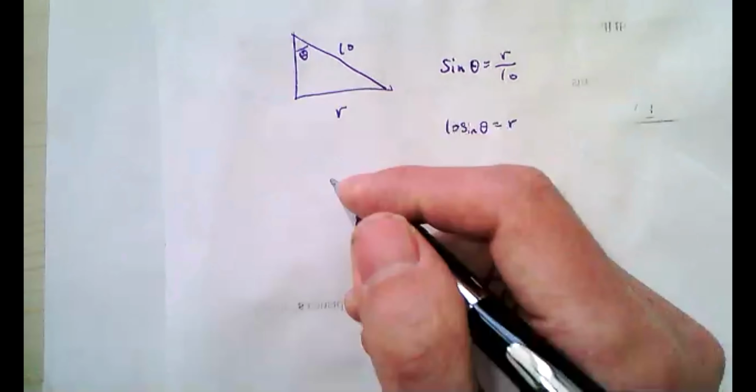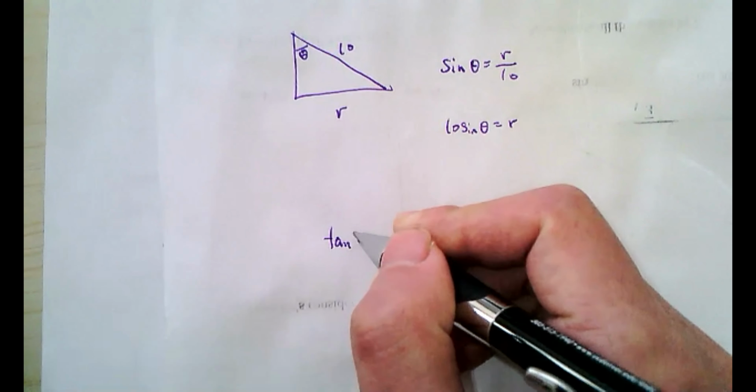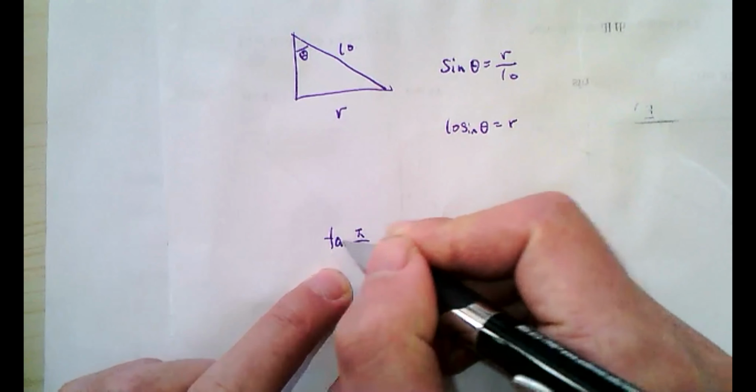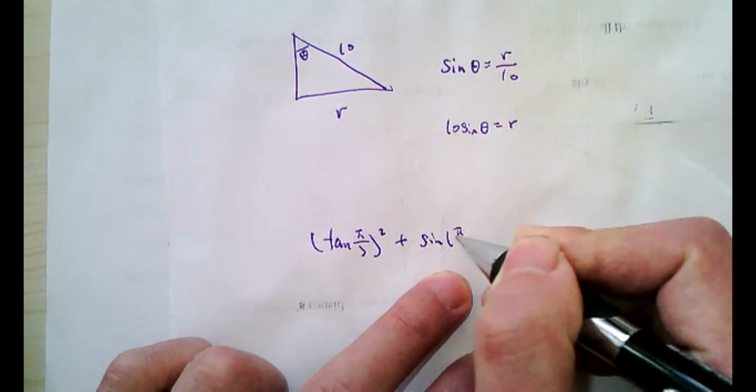Yeah. Okay, let me show you. I just submitted my assignment so that it doesn't show up as late. Please look at my shared screen. It is tangent pi over 3, squared, plus sine pi over 6, squared.